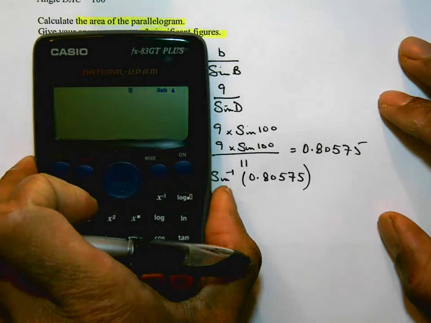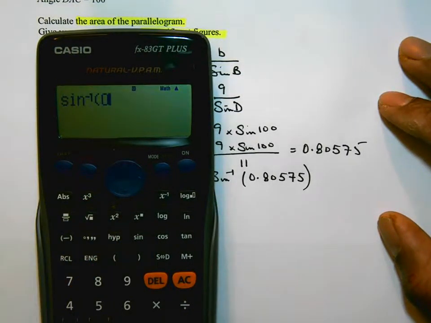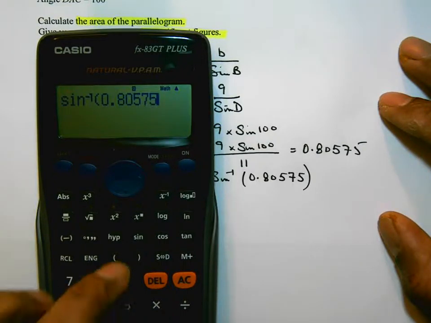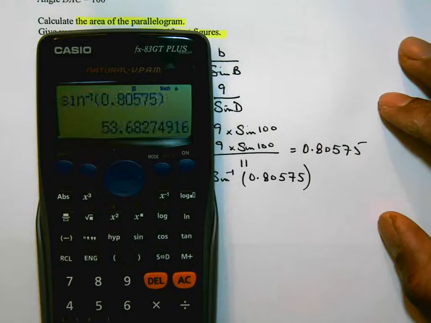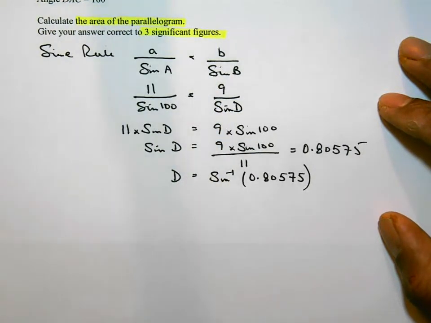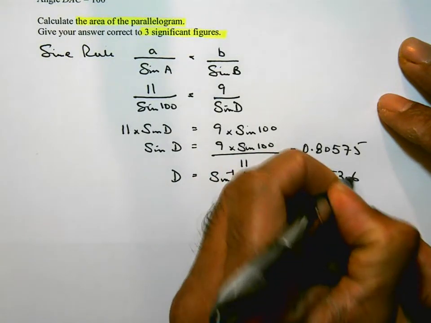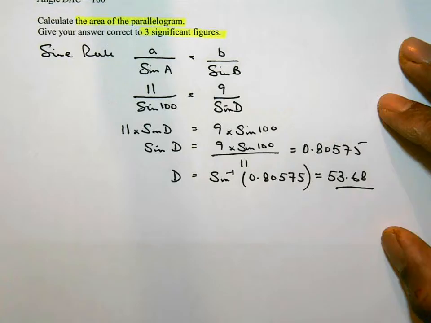So I'm going to do that again on my calculator. Shift sine 0.80575, and that gives me 53.68. I'm just going to keep it to 2 decimal places, 53.68. Okay, that's the angle D.